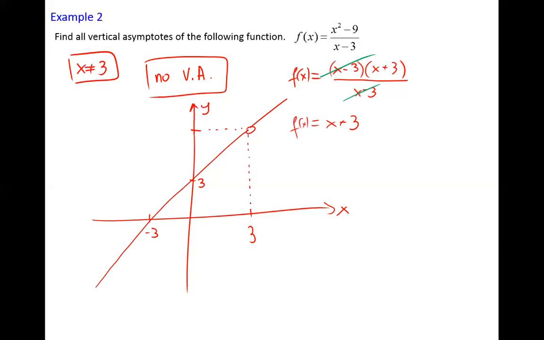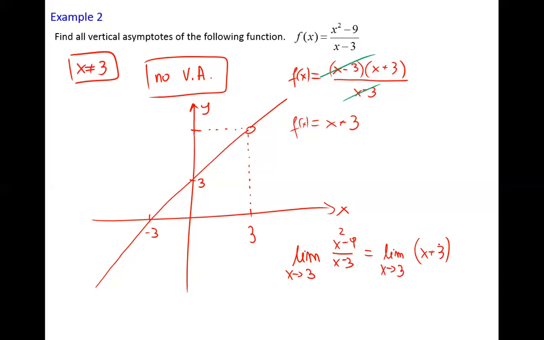It's removable discontinuity. Computing a limit as x goes to 3 of function. But I know that I can simplify the function to the form x plus 3.